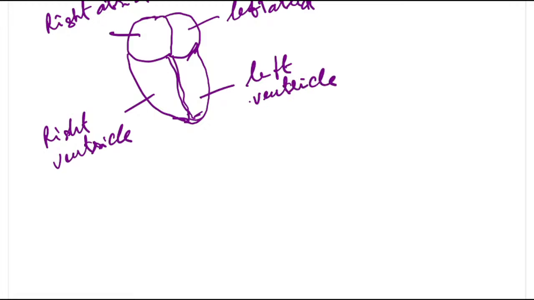A small conical, pouch-like projection from the upper part of the atria is called the auricular appendix.